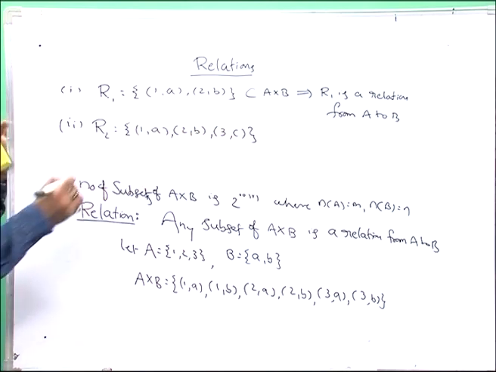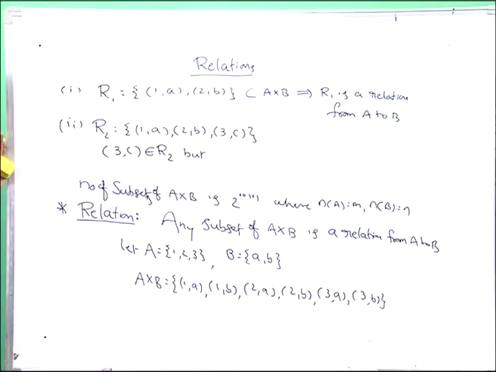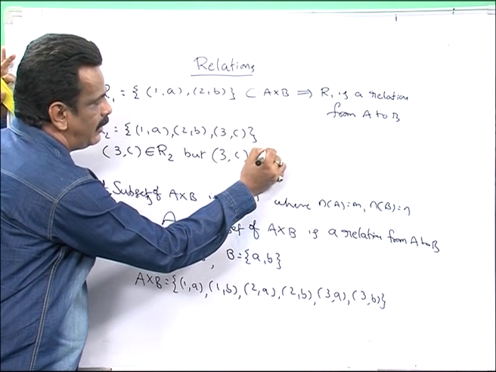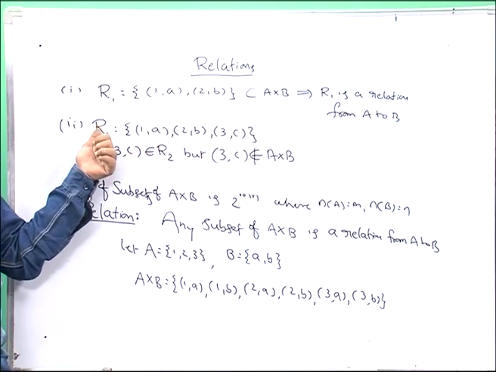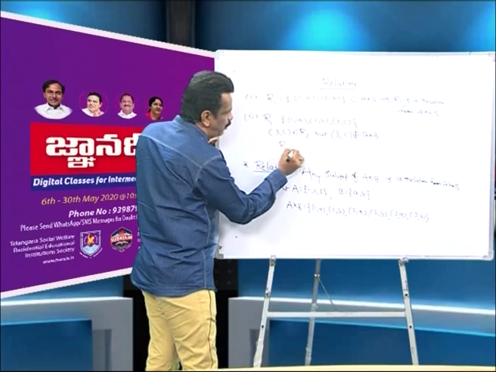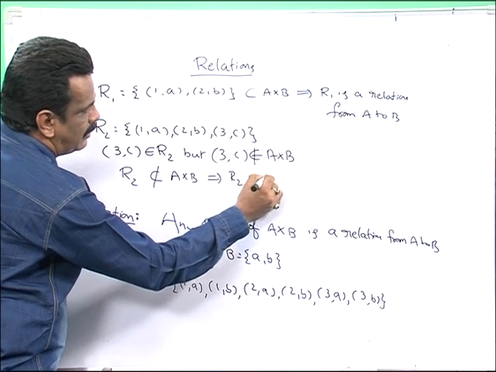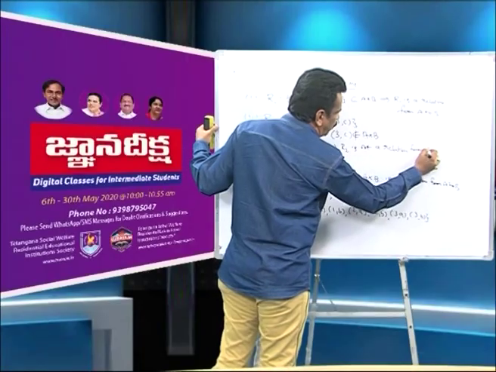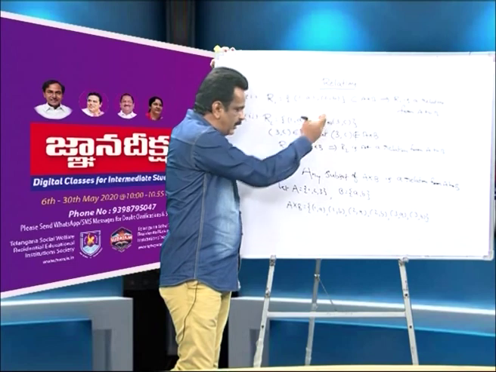But if we come to (3,c), that ordered pair is taken in R2, but it is not available in A cross B. We can say that (3,c) is not in A cross B. Because (3,c) is not available in A cross B, we can say R2 is not a subset of A cross B. That implies R2 is not a relation from A to B. So like that we can identify whether a given set of ordered pairs is taken from A cross B or not.